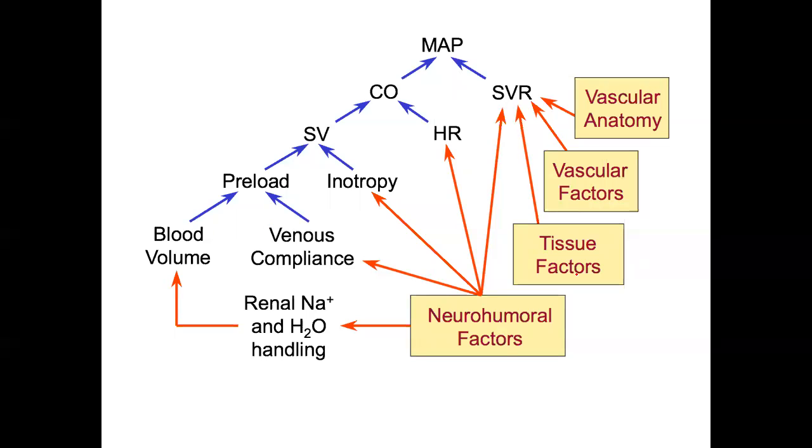You're talking about things that affect systemic vascular resistance, heart rate, inotropy, compliance in the venous system, and the handling of sodium and water in the kidneys. That directly comes back to blood volume, which affects preload, which affects feeding the system. And you have tissue factors, which affect systemic vascular resistance and other vascular factors, and the anatomy of the vasculature. All this comes together to affect blood pressure.